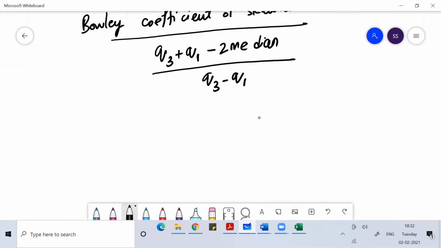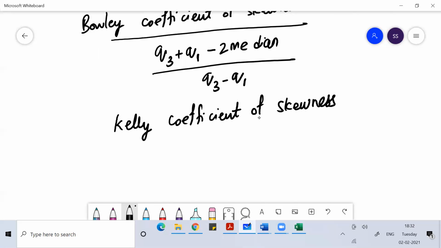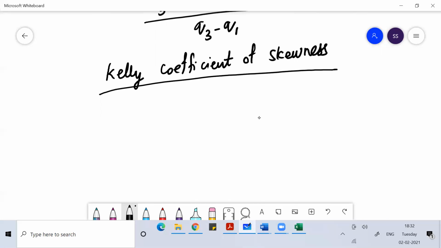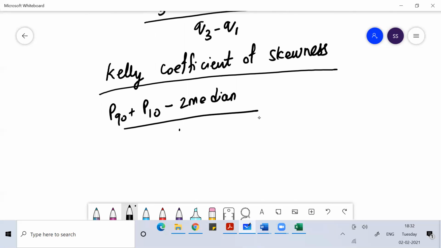Similarly, we have another mathematical measure of the coefficient of skewness, the Kelly coefficient of skewness. The formula is P90 plus P10 minus 2 times median, divided by P90 minus P10.